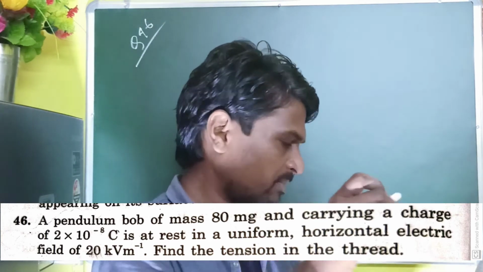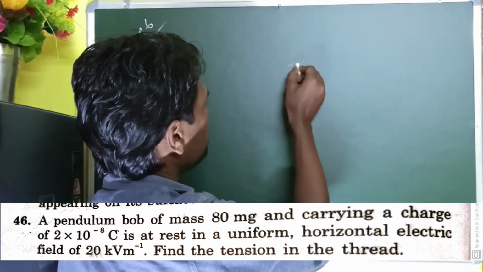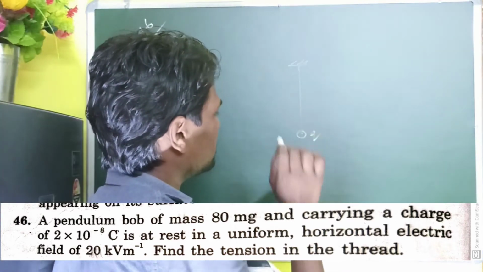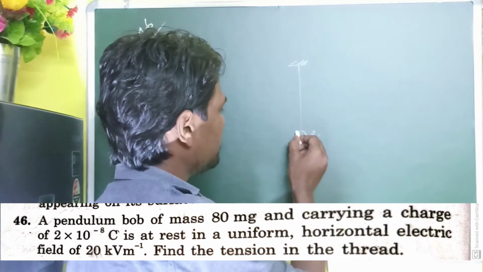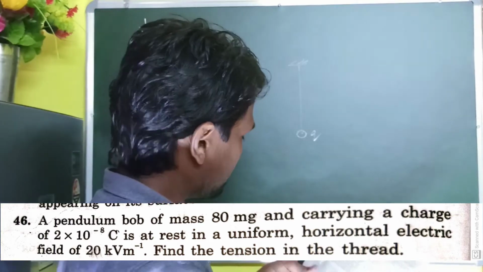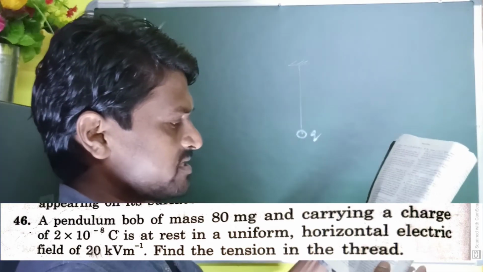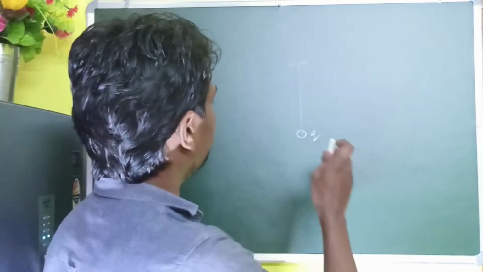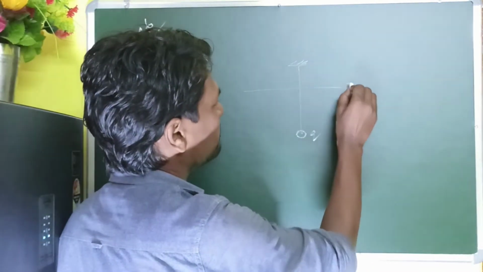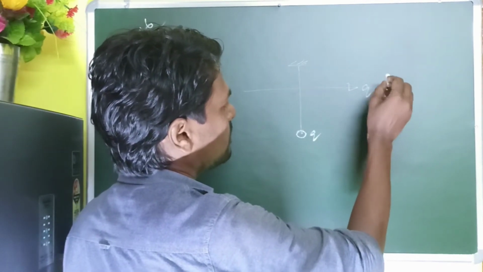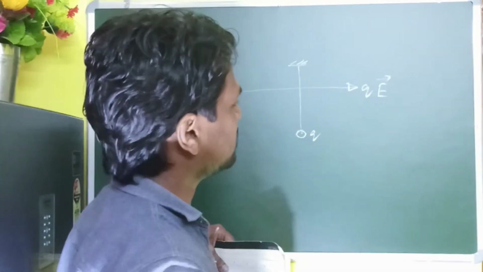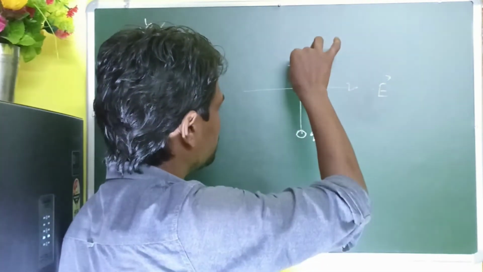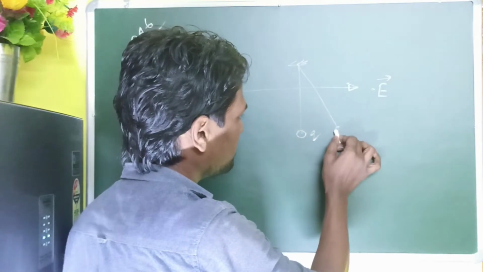So एक pendulum है यहाँ पर, okay. So this is a pendulum और एक चार्ज q रखा गया है यहाँ पर पेंडुलम के ऊपर, okay, and there is a mass of 80 milligram carrying a charge and a horizontal electric field है यहाँ पर. अगर horizontal electric field है यहाँ पर तब फोर्स होगा qE, और ये जो चार्ज है, इलेक्ट्रिक फील्ड इसको along the field इस तरफ खींचेगा.